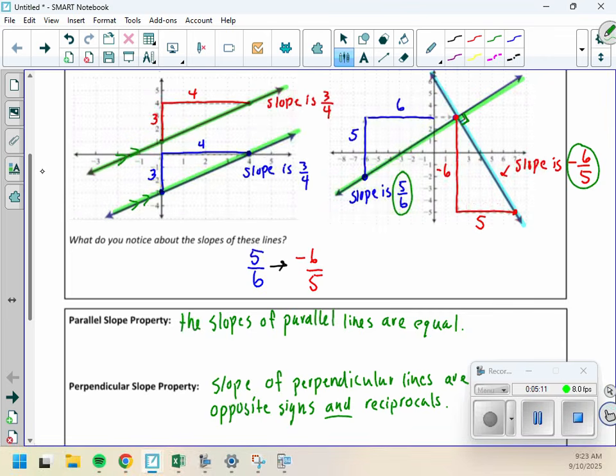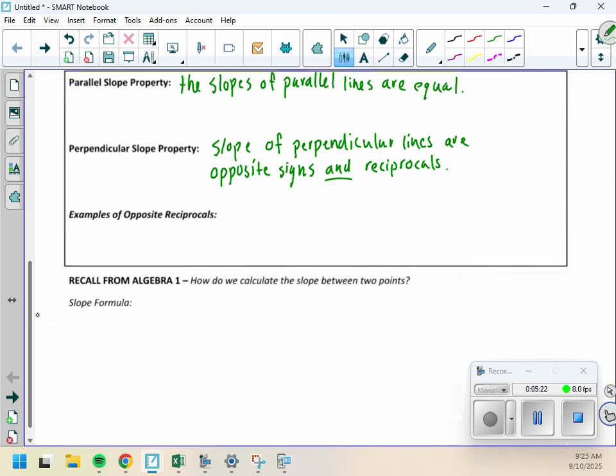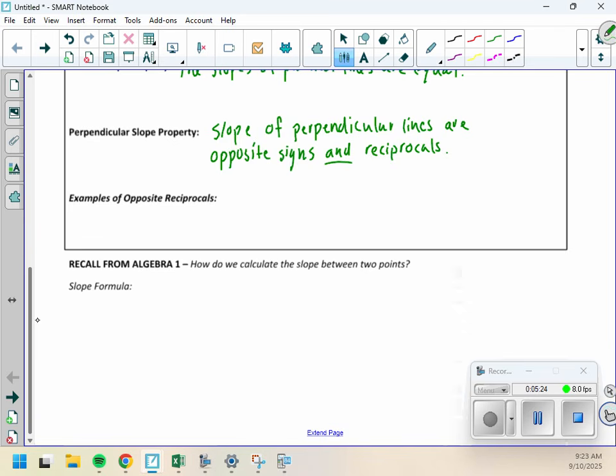If I gave you 3/4, the opposite reciprocal would be -4/3. If I gave you -1/2, the opposite reciprocal would be +2/1.